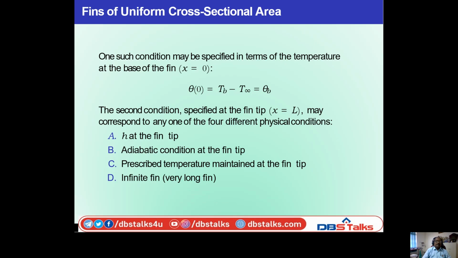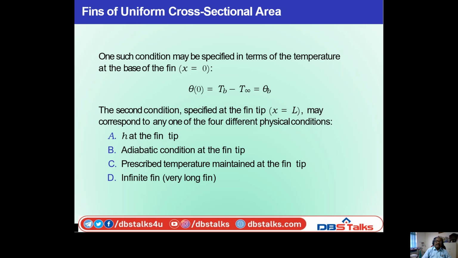Okay. So now, whatever fin we are discussing has a uniform cross section. Fins of uniform cross-sectional area. In such a condition, one condition may be specified in terms of the temperature of the base. At x equal to 0, that is the base temperature, T minus T infinity, where T equal to Tb.